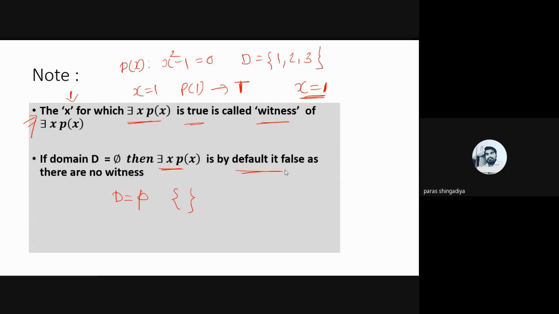Yes, any doubt? Anyone? Chandra, Dwarkesh, Anand, Mahfuz, Monil.